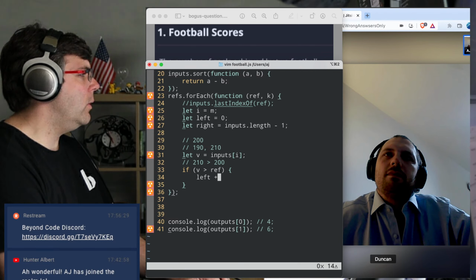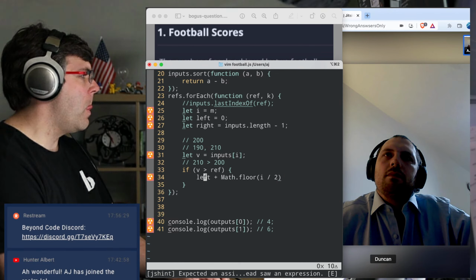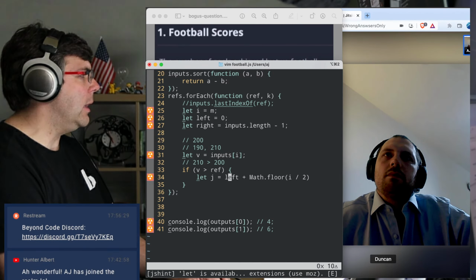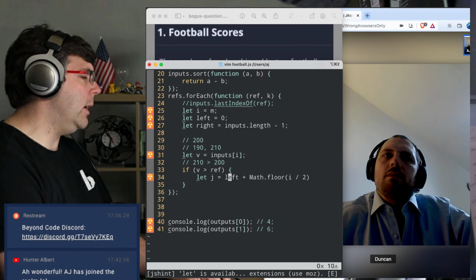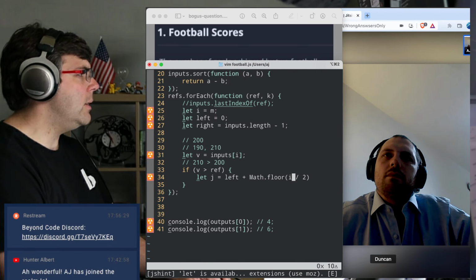So my left value plus, the left value is the base, plus I divided by 2, and then this would be, again, math.floor. So let's call this the J value. We're moving left, so it needs to be the minimum of what our current leftmost value is, plus we need to take our I value and divide it by 2.